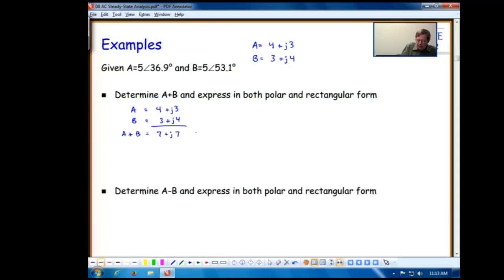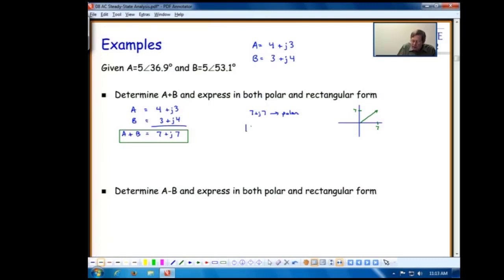And that's the answer in rectangular form. And then if we convert it to polar form, 7 plus J7 to polar form. Let's get a quick look at a picture here. We're going to have a vector that's up here somewhere. 7 and 7.